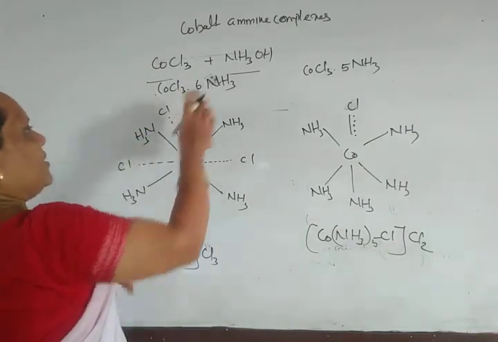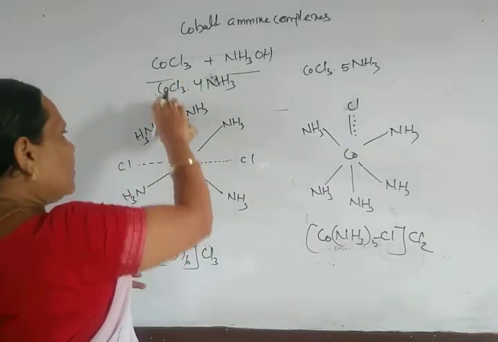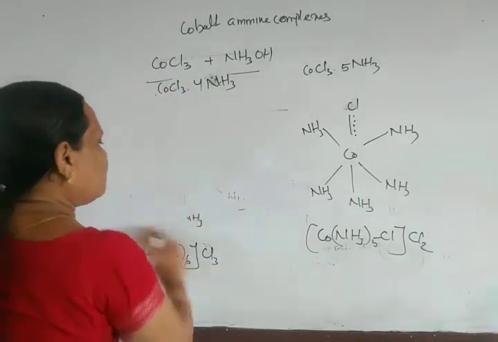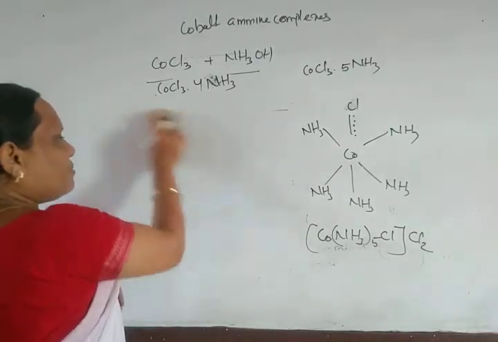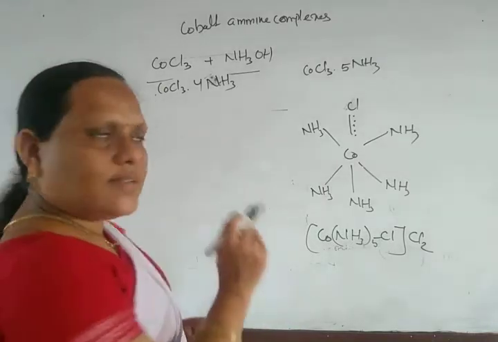Similarly, if we write the structure of CoCl3·4NH3, first we have to fix its coordination number, its secondary valency.